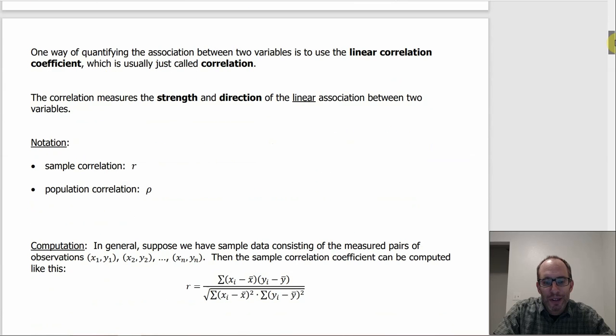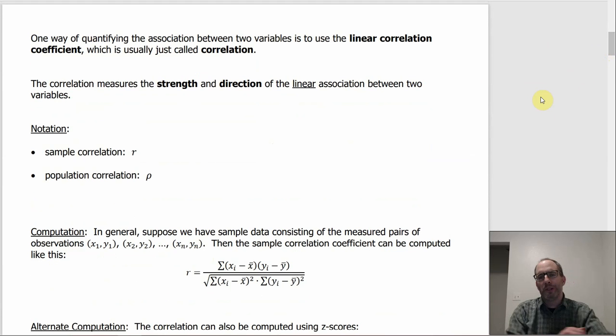All right, so one way to quantify the association between two variables is to use something called the linear correlation coefficient. Most people just call that correlation. So when we go through this, whenever I talk about the correlation as though it's a number, really it's the linear correlation coefficient. And it measures two things.